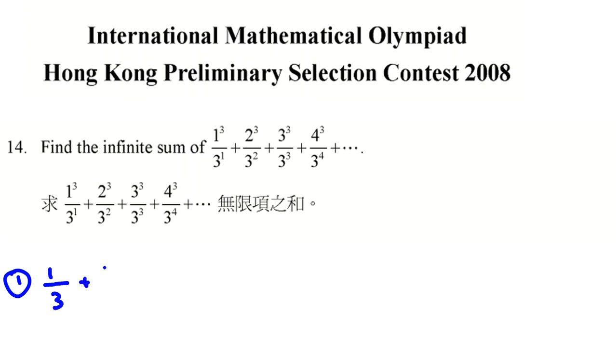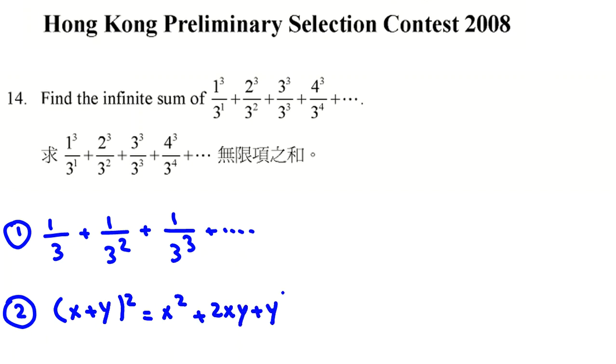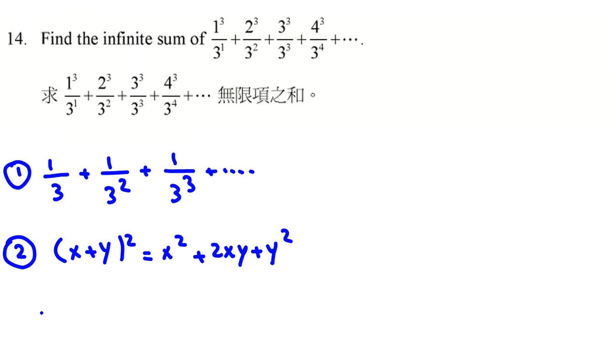1 over 3 plus 1 over 3 squared plus 1 over 3 cubed and so on. It is what? The second identity is (x plus y) squared equal to x squared plus 2xy plus y squared. And the third identity is x.